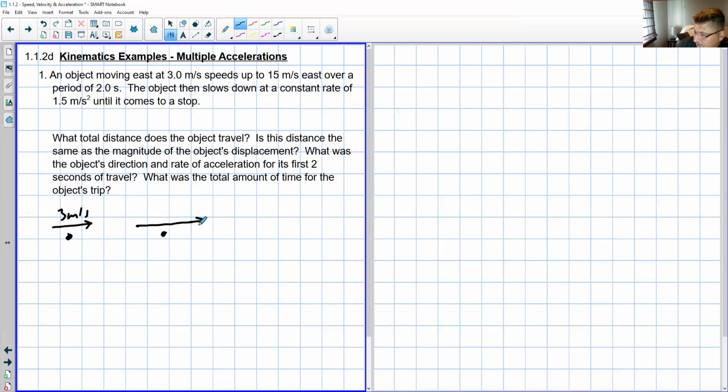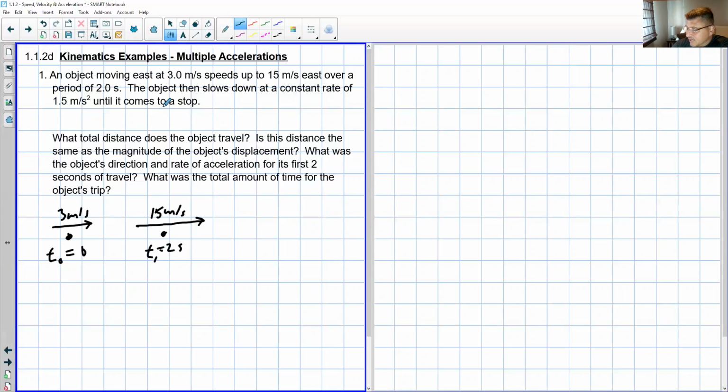Now, we're going to assume that there was a steady acceleration here, and this happens at a time of 2 seconds from the start. So we'll say T naught is 0, and I'll call this T1 is 2 seconds. And this is going to be our starting velocity and our second velocity.